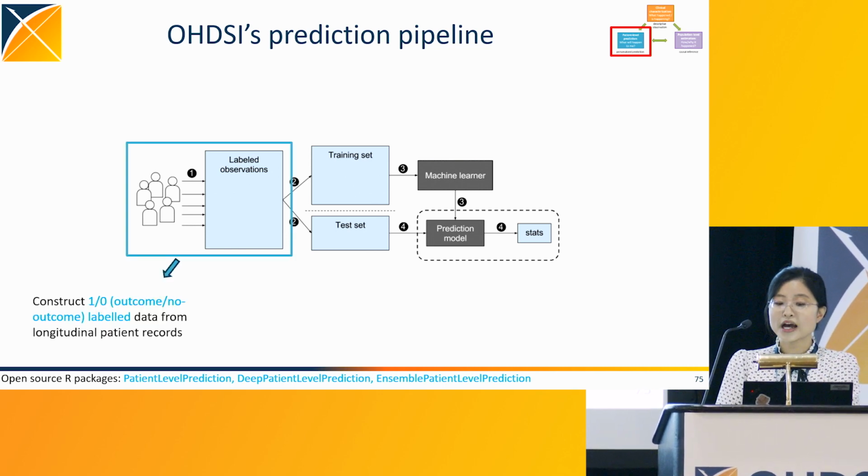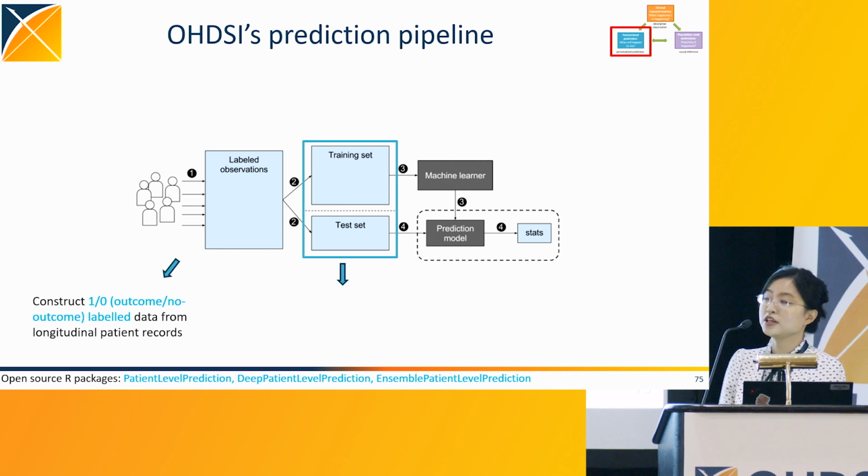First, we have to curate the data, because the data exists in the longitudinal way of patient records. We don't automatically have the labels, the 1s and 0s of whether or not a patient has an outcome in the way that we have specified. So first, we have tools and algorithms to build the data and squeeze them into the right format for us to feed into a prediction model.